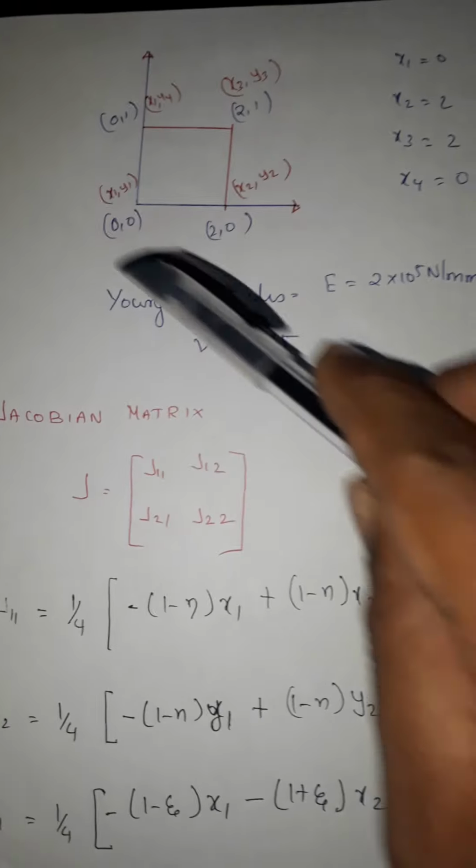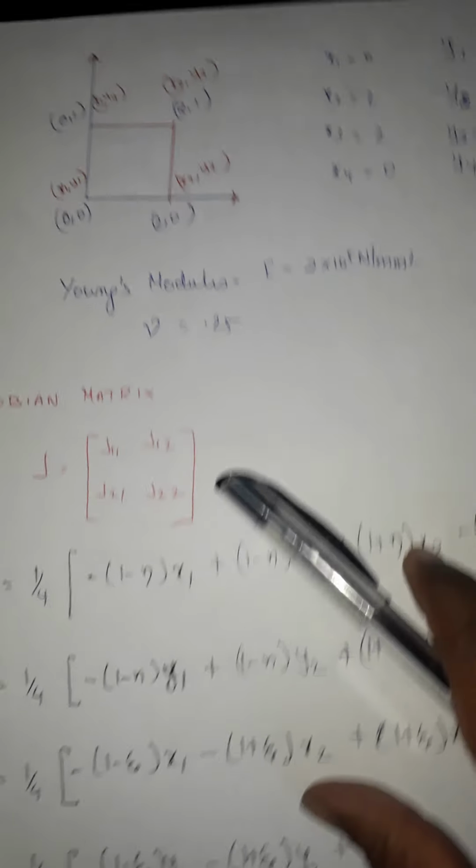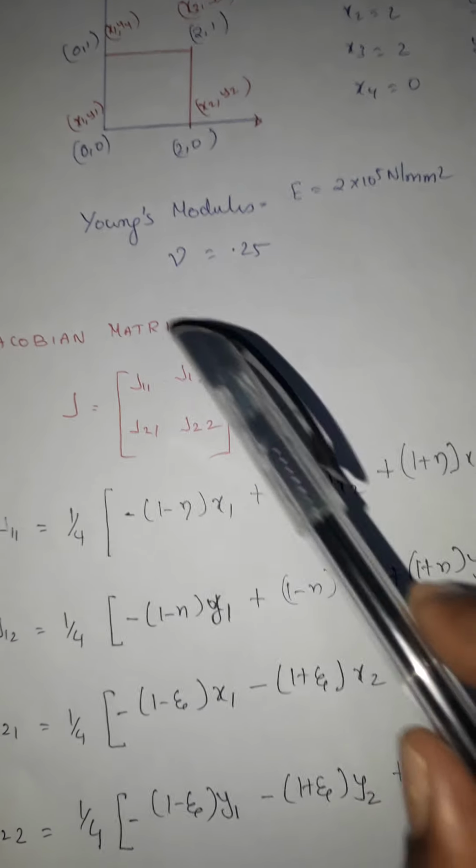What is the formula? It is a very easy problem. Just write down all the coordinates, x1 and so on, which are given data. This is the Jacobian matrix, J11, J12, and so on, each has a value.